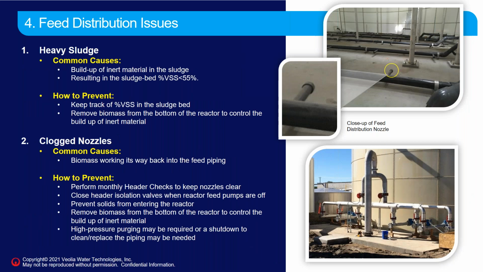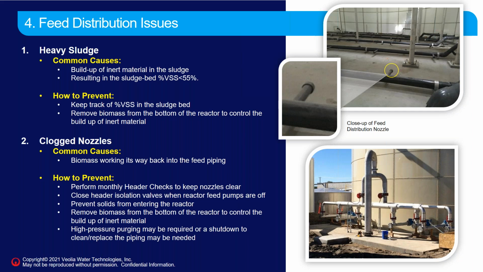Okay, feed distribution. This is the piping in the bottom of your tank that distributes the water across the floor. Why would we have feed distribution issues causing sludge loss? Well, you have heavy sludge at the bottom, so you have a buildup of inert material in the sludge bed, resulting in a VSS concentration that's not ideal. How do you prevent this?